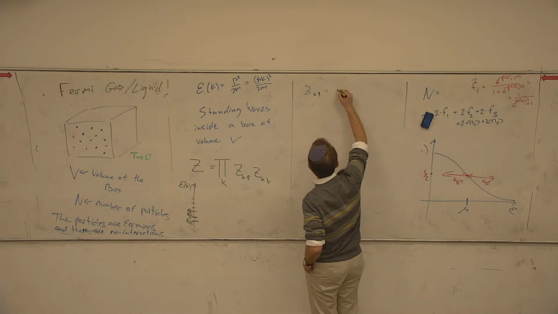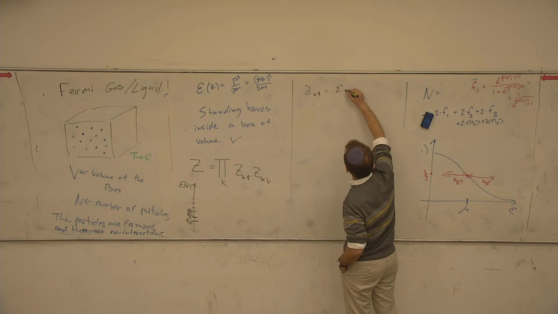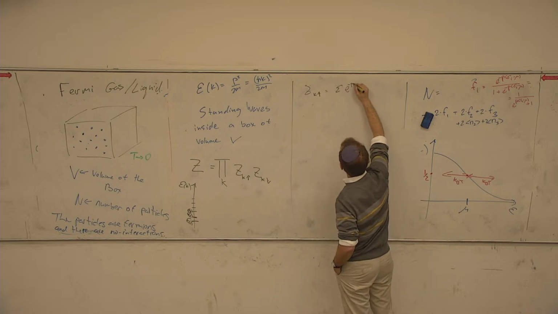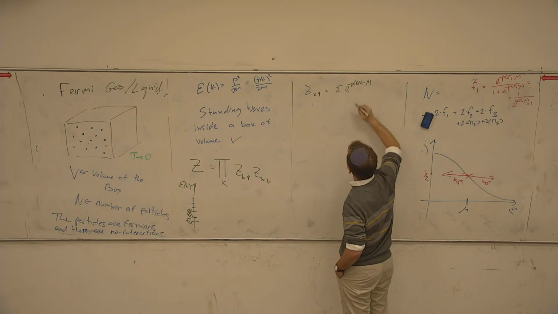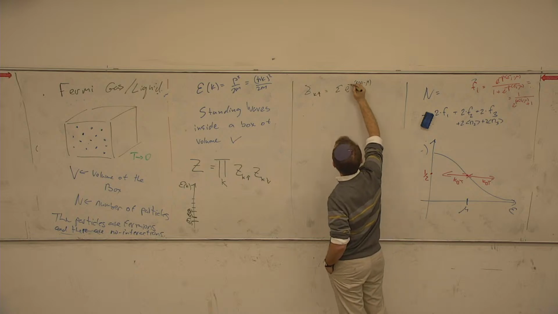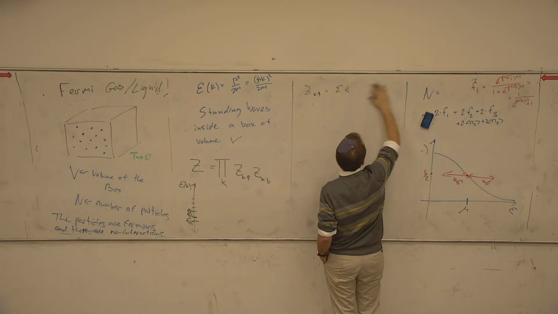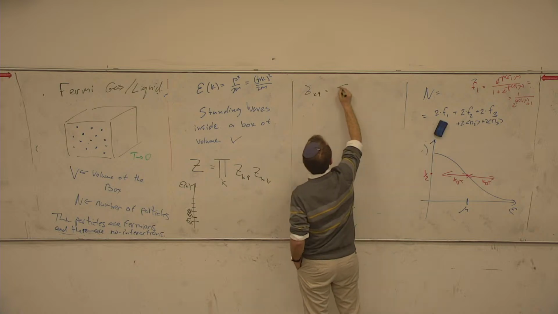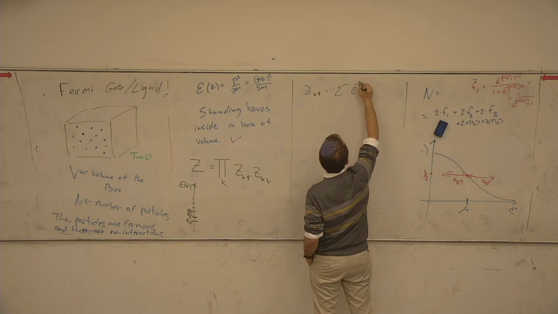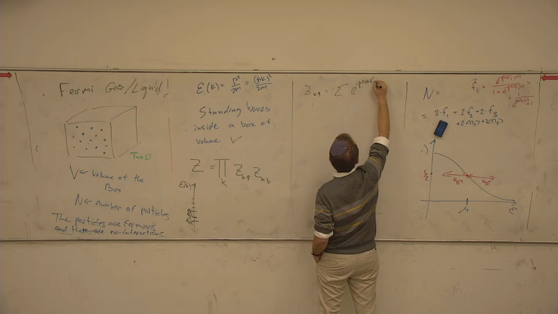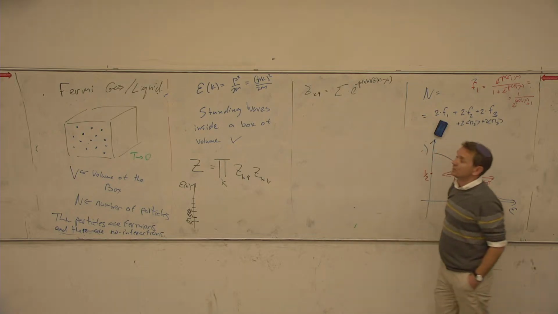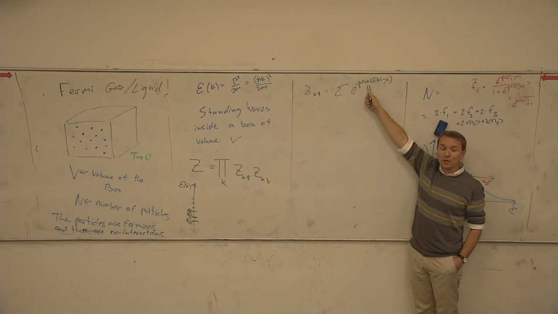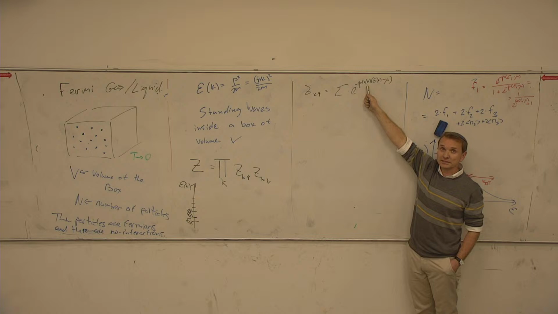or occupied. So I go over all the different states and compute the sum over e to the power minus beta n_k times (epsilon of k minus mu). This n_k is the number of particles occupying my level.